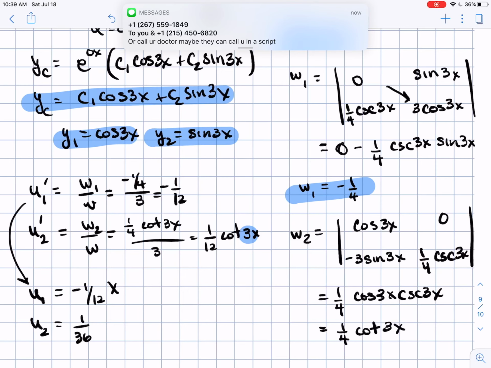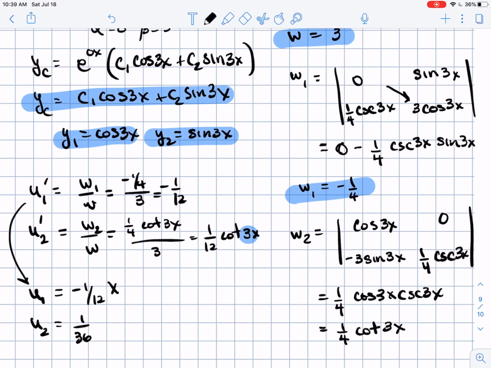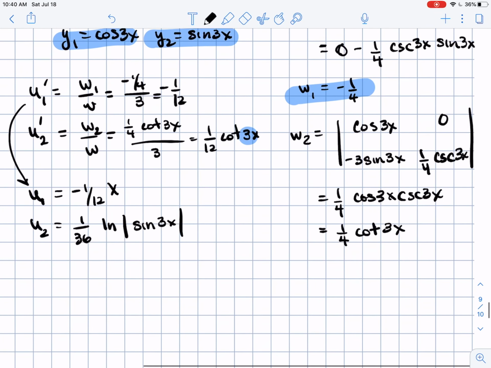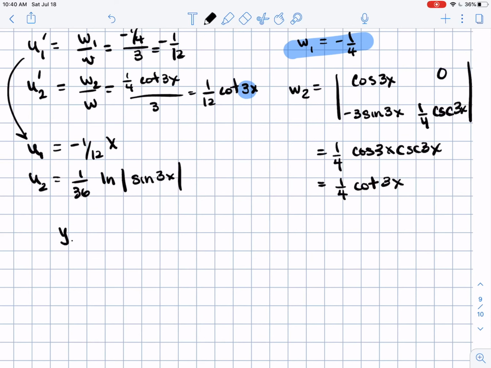Now your antiderivative of cotangent, if you rewrite it as cosine over sine, sine would be your u, and you're going to wind up with 1 over u. So it's ln of sine 3x.